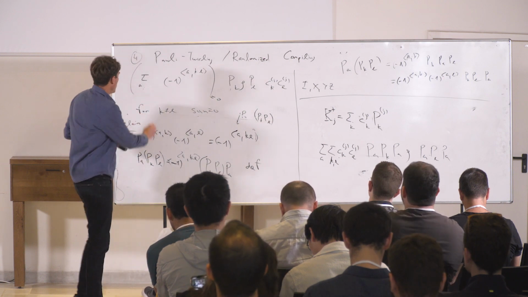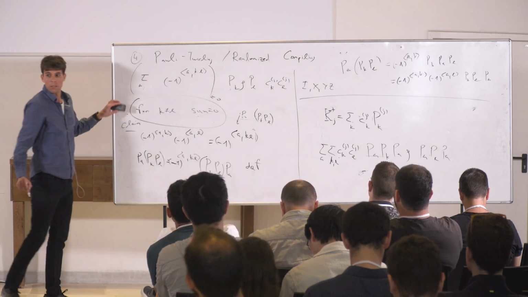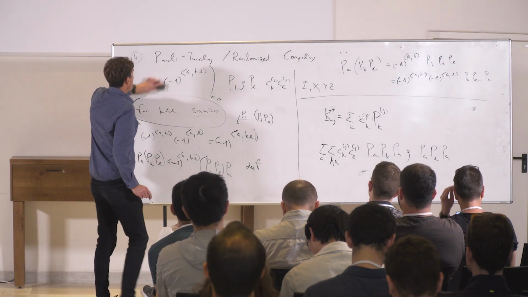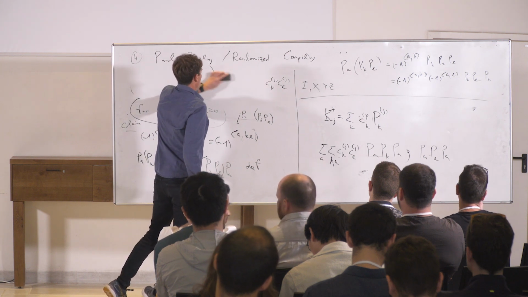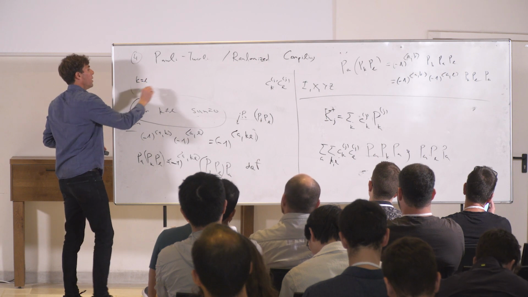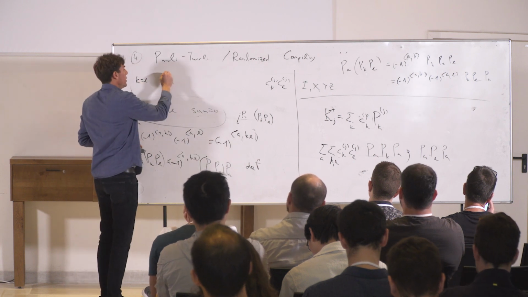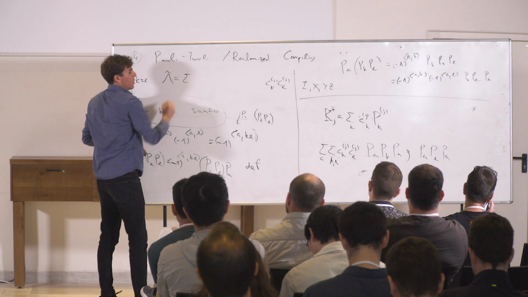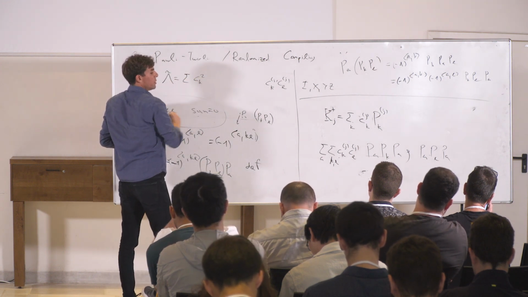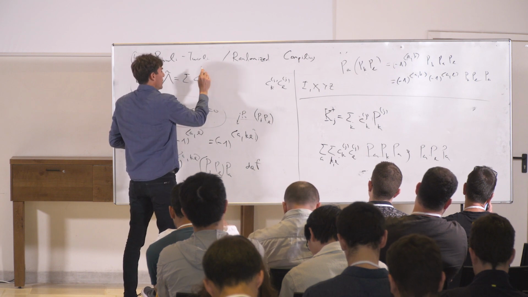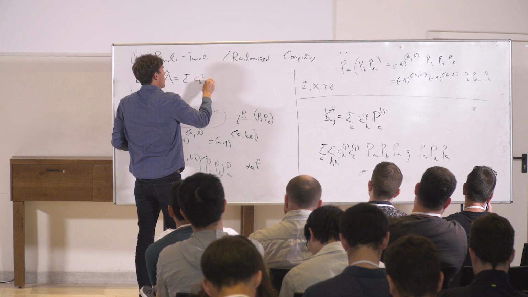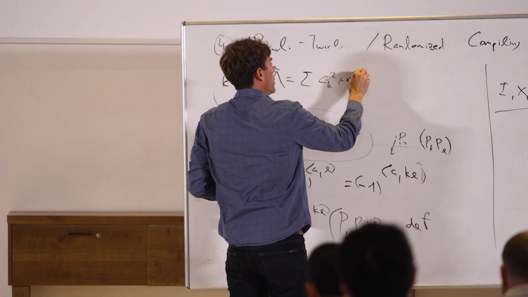And there's no off-diagonal terms. So I've killed all the off-diagonal terms, and so K is equal to L. And then I get my Pauli channel, so K has to be equal to L, and then lambda tilde is just a sum over these numbers C_K squared, minus 1 to the power A_K.